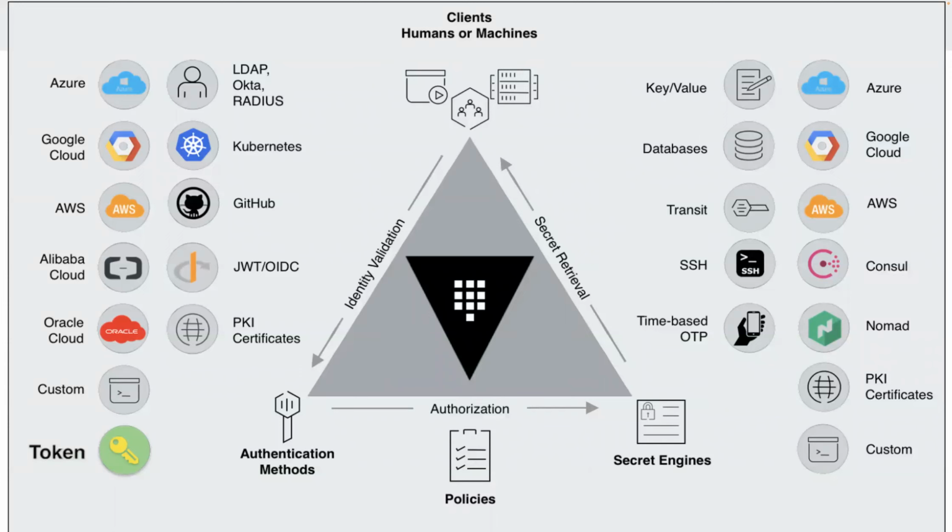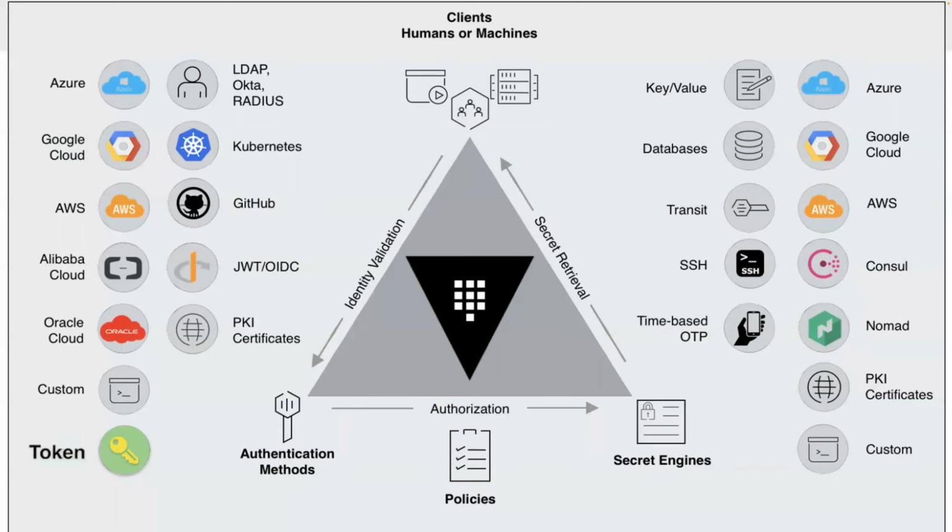So what kinds of secret engines are there in this whole paradigm? We are talking about the Hashicorp Vault paradigm, where identity validation, secret retrieval, and authorization take place. One important thing is the secret engines.